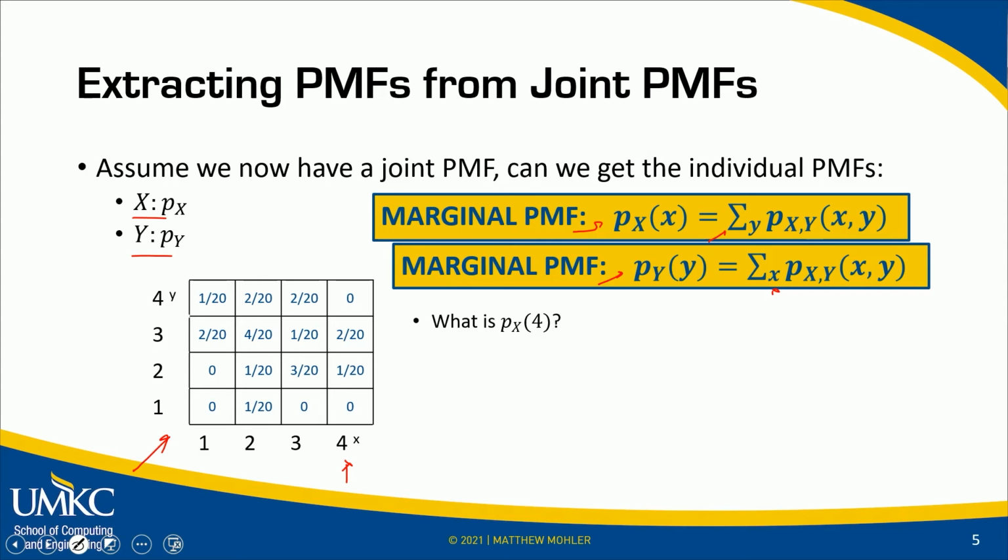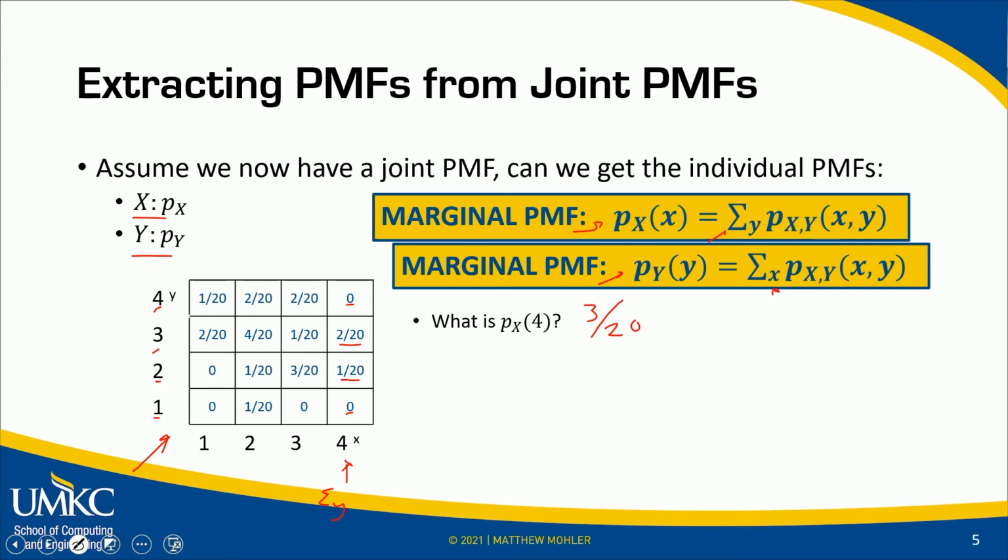And so we would sum over all values of Y, which is Y equal to 1, Y equal to 2, Y equal to 3, and Y equal to 4. So the sum over all possible values of Y for X equal to 4 is going to be 0 plus 1 over 20 plus 2 over 20 plus 0, which is equal to just 3 over 20.